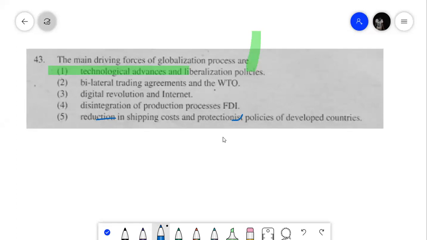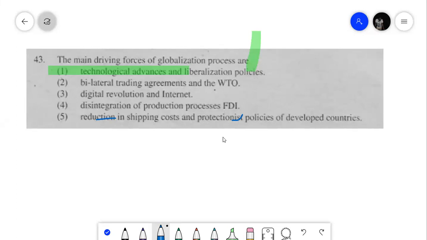So remember, 43 is number one. Now, you might not get the same question, but most of these answers look right, okay? But they're asking for the main one. All of these could be driving forces. For example, digital revolution, internet, yes, that is a driving force for globalization. Maybe bilateral trade agreements and the World Trade Organization getting involved, yes.